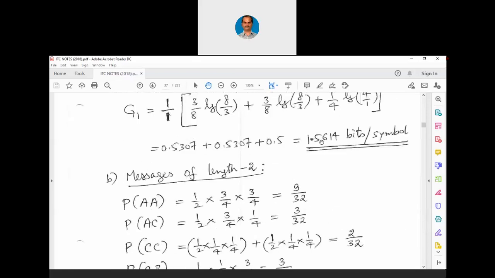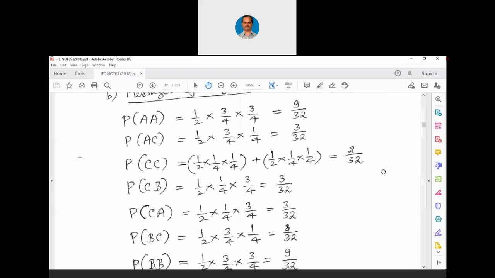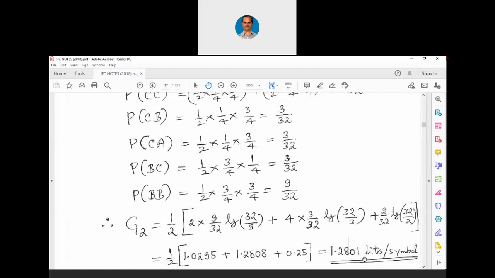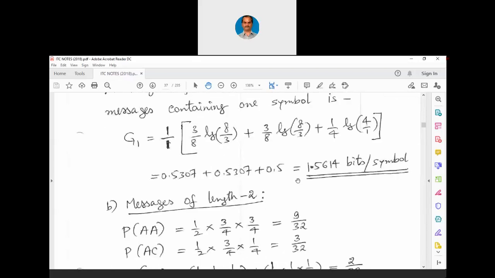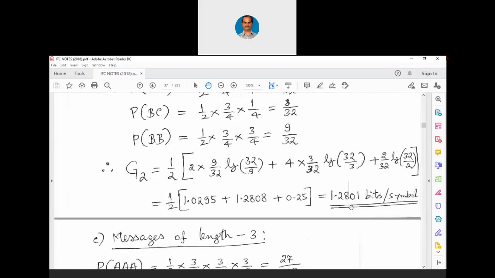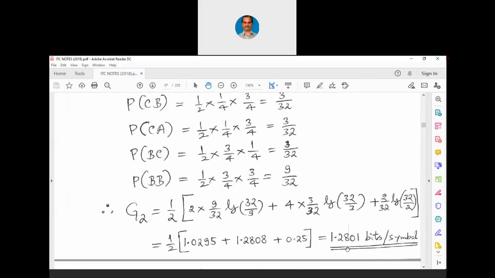G1 was 1.5614 bits per symbol, whereas G2 is 1.2801 bits per symbol. What does it mean? It means that G1 is greater than G2. When a single symbol is emitted, the information content is more. When two symbols are emitted, the information content is less. This is what that theorem's meaning is.